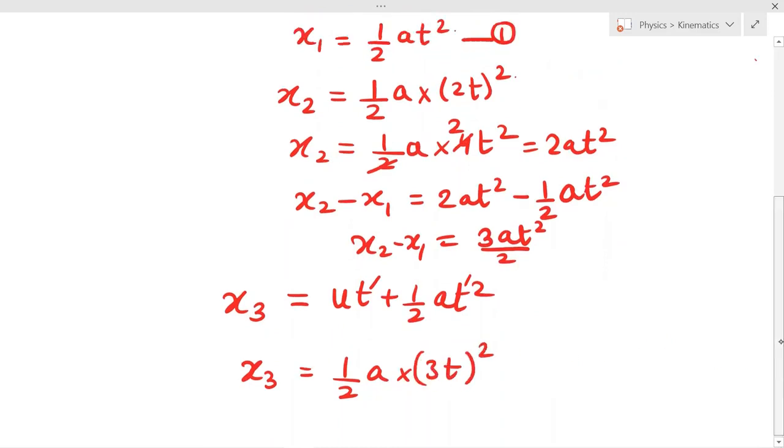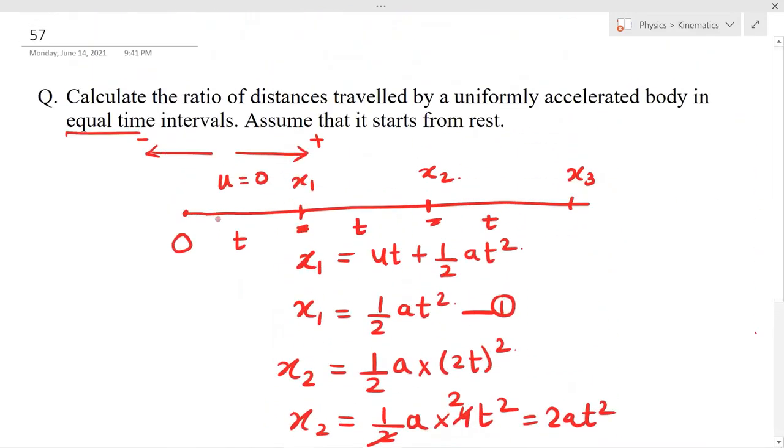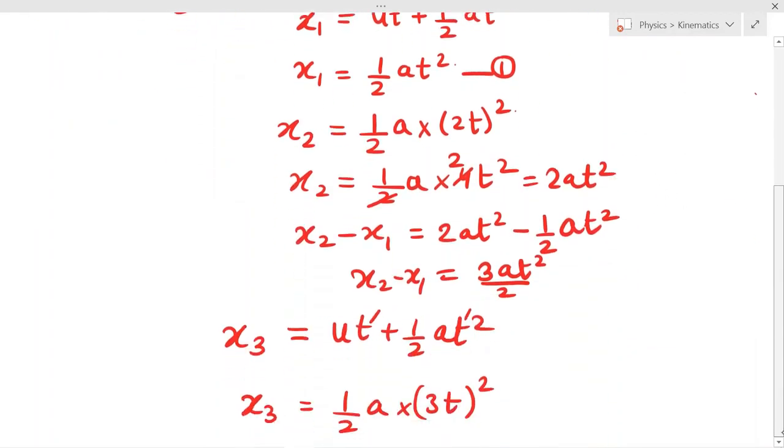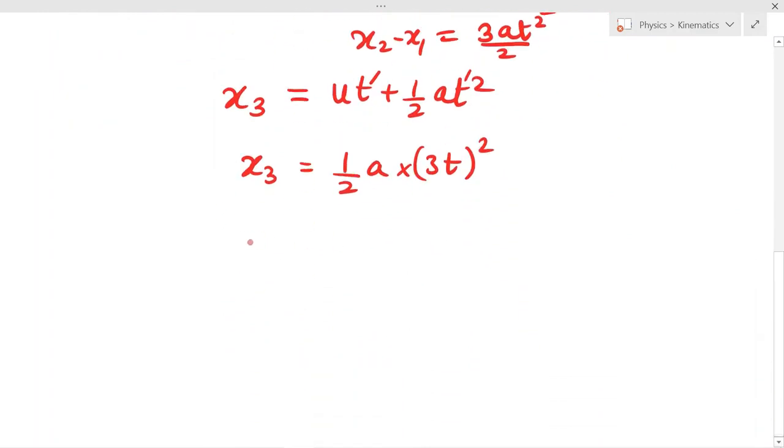This will be whole square. Why 3 times t? Because it reaches this position, coordinate x3, in 3t time. That's why. Now this x3 will become half into a into 9t square.